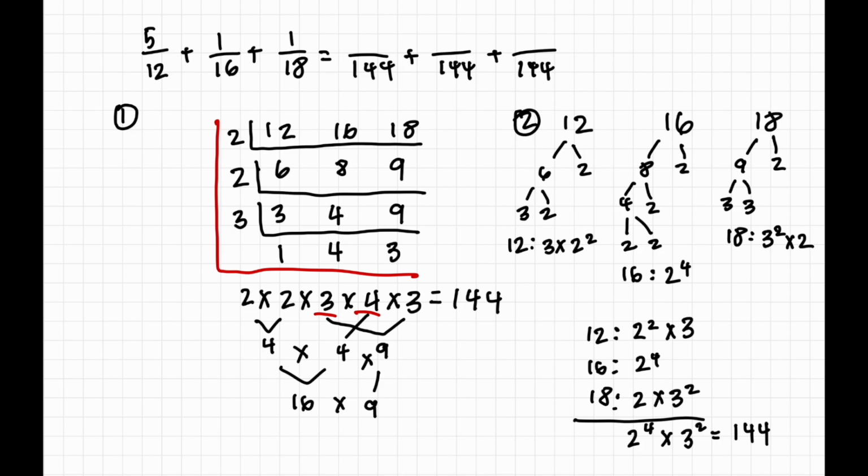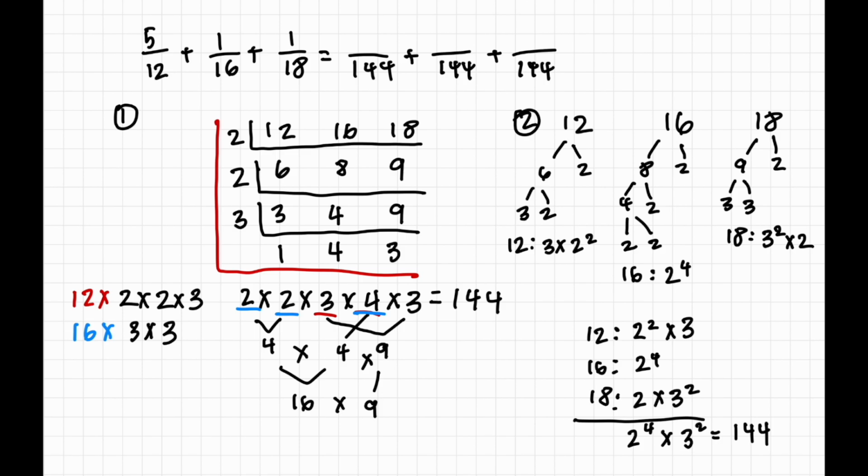So 12 times 2 times 2 times 3. And for 16, 2 times 2 times 4 equals 16, right? So 16 times 3 times 3. And then for the last one, we would have 18 left.